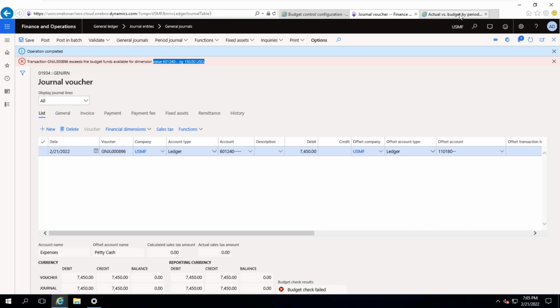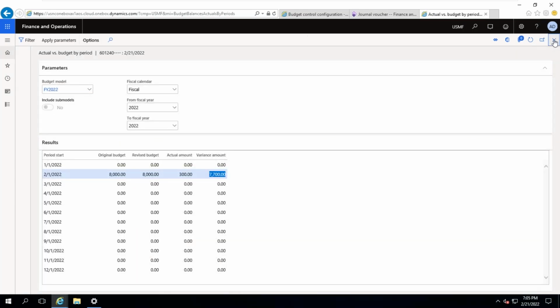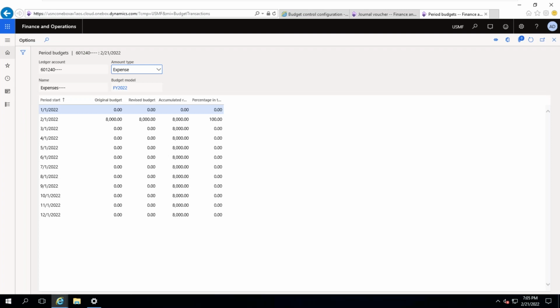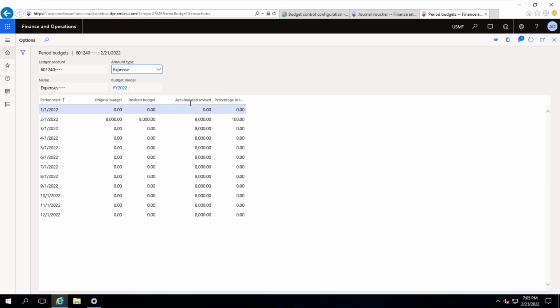So here you can see that in the reports. If you click on, I think it is in budget balances only. So original budget, revision budget, and then accumulated expenditure, accumulated revision budget, and what is the percentage. Understood? So you can see different columns in the reports.